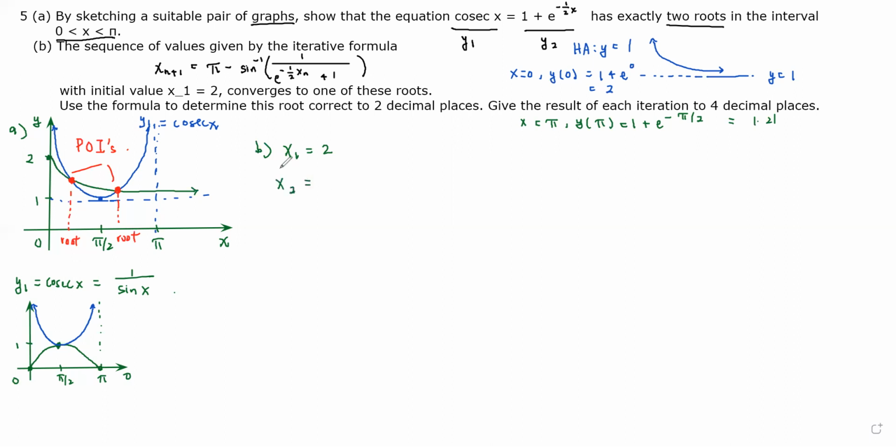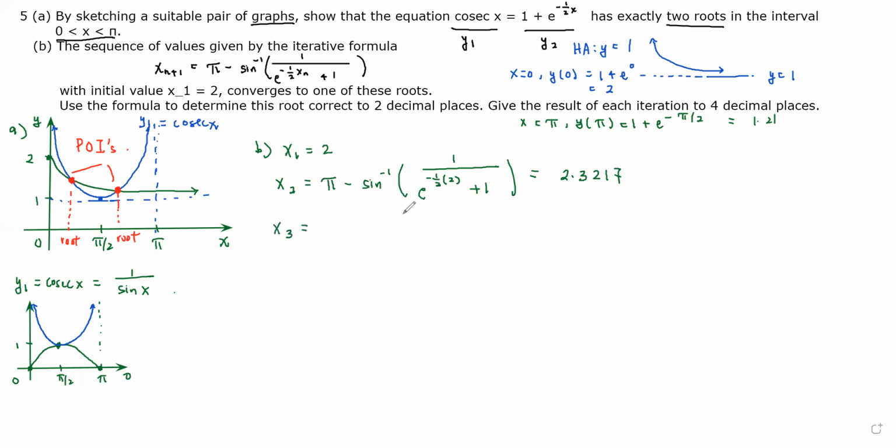Then using the iterative formula, x sub 2 is pi minus inverse sine of 1 over e to the negative 1 over 2 times x sub n plus 1. Replace x sub n by 2. We should get a value of 2.3217 to 4 decimal places.